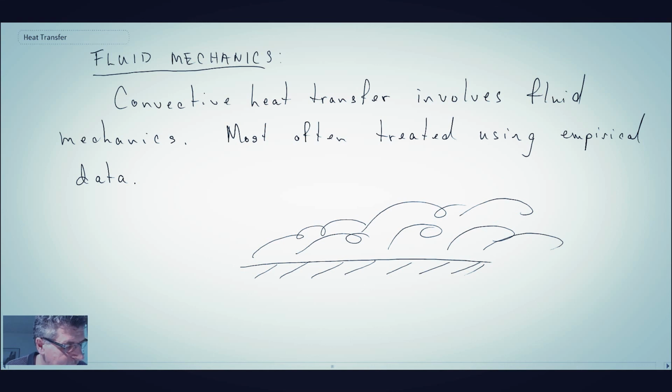I'll do that in a later segment. But when you get turbulence, then you need to use empirical data. So basically you conduct experiments and you use non-dimensional numbers in order to come up with the estimates for the convective heat transfer for fluid mechanic flows over heated objects or cooled objects.